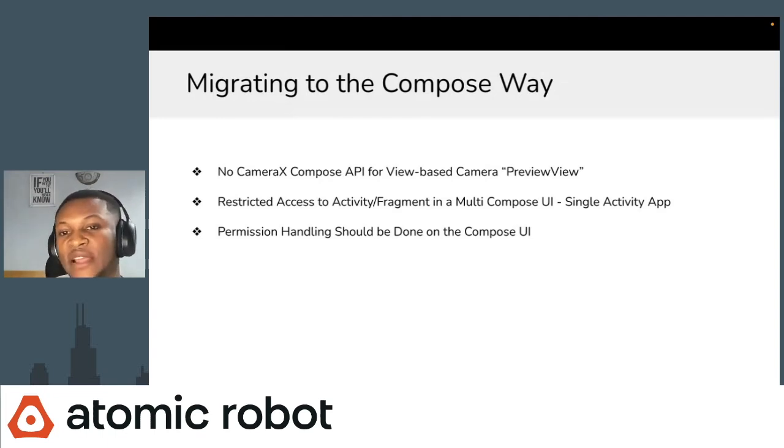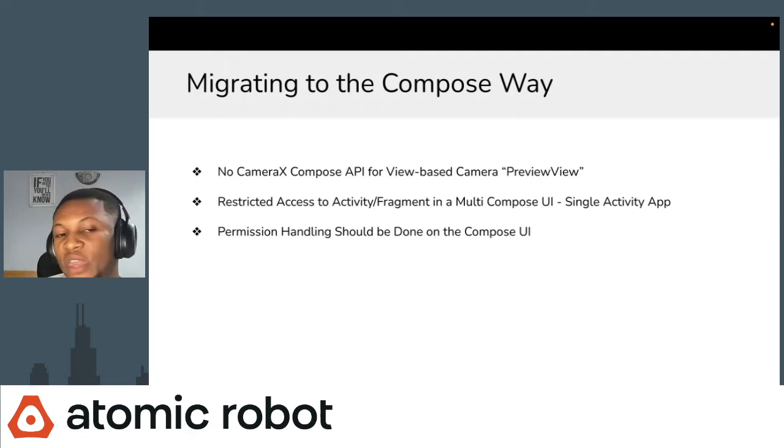To keep your code base clean, you would want to avoid going to the activity or the fragment to put all the implementation details of video capture there, whereas the UI sits in a compose UI that is far down the hierarchy of the view itself.